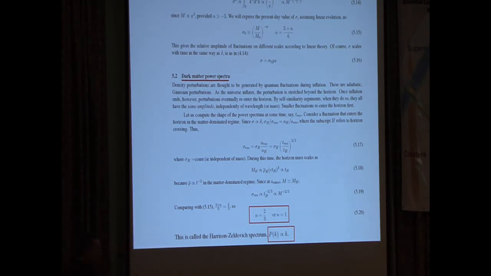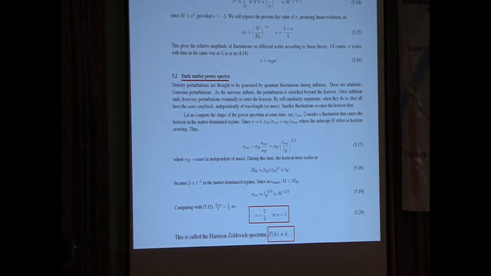But then when inflation stops, the horizon grows more slowly than it used to. And eventually, the fluctuations re-enter the horizon. Now, inflation is an exponential process. There's no scale associated with it. And so this process is self-similar. And what that translates to in practice is that when a fluctuation re-enters the horizon, it does so with a fixed amplitude regardless of its wavelength.